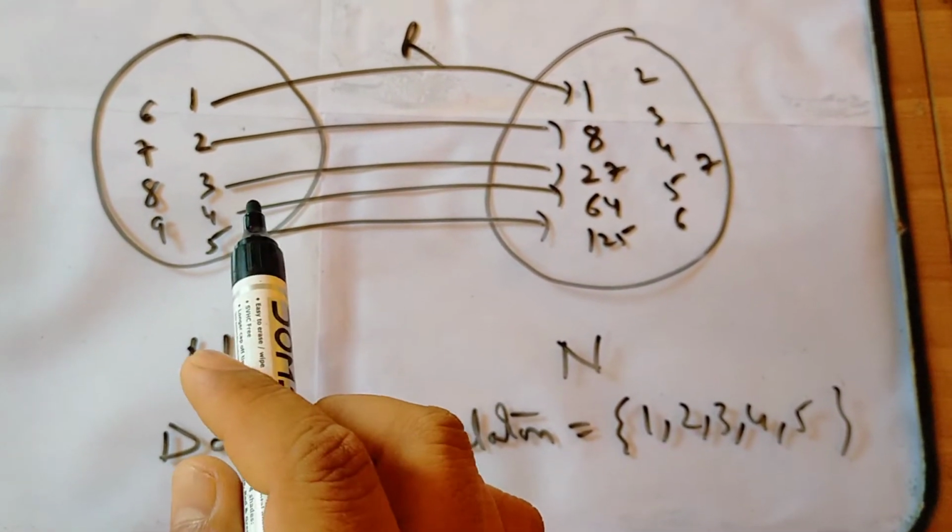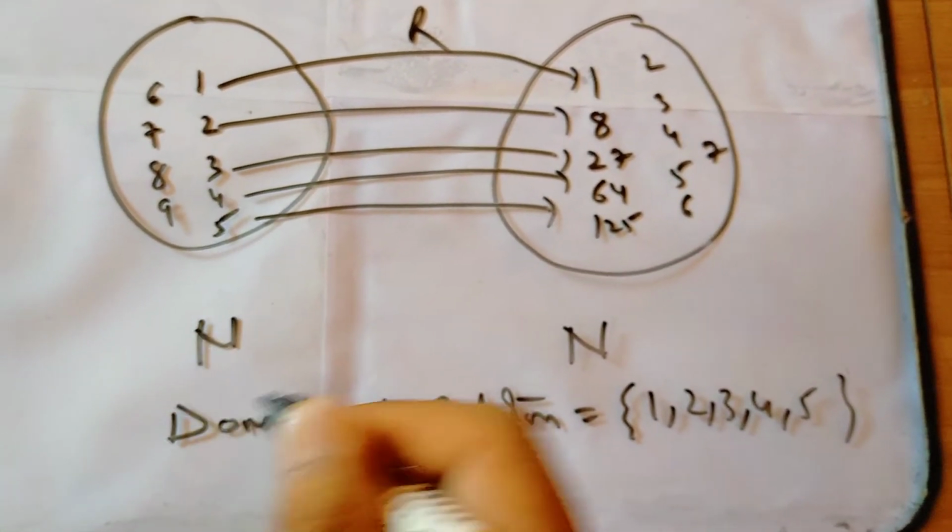Only those elements of A which are attached with the elements of B are called the domain.